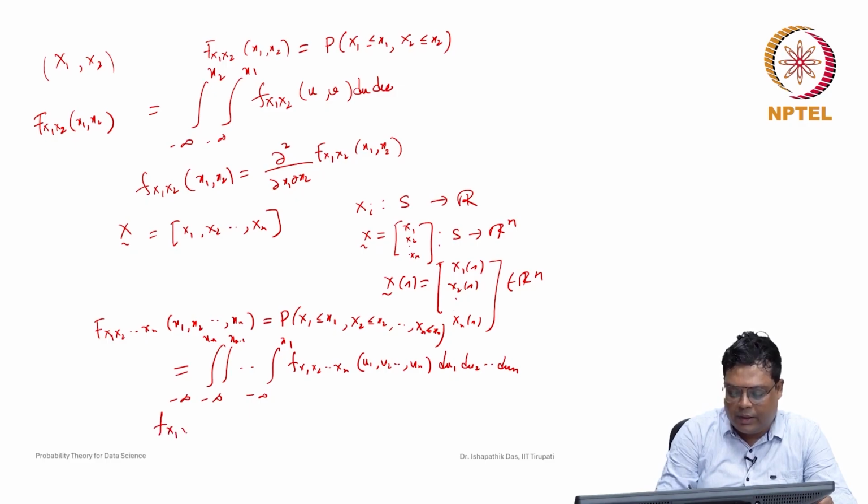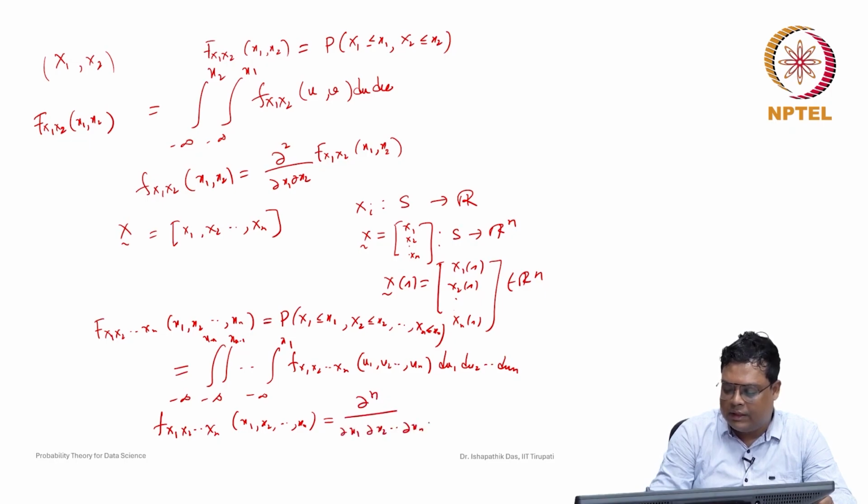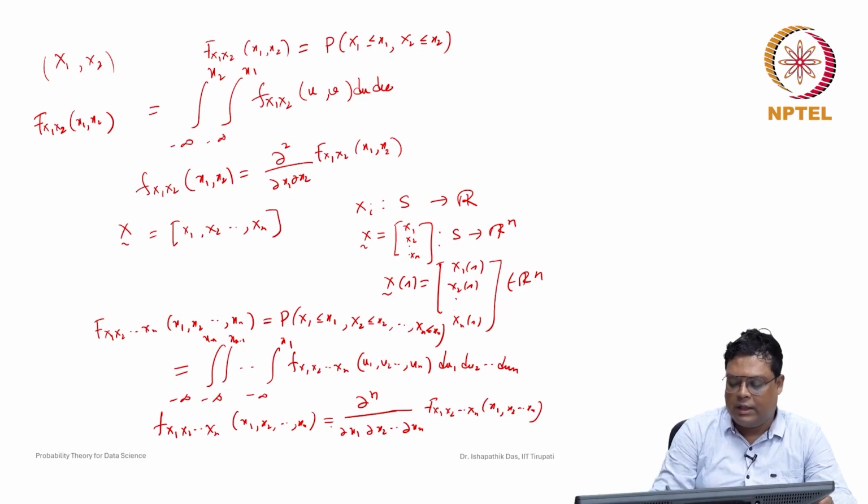This joint probability density function is represented by f of x1, x2, ..., xn, which is equal to the n-th order partial derivative, del n over del x1 del x2 ... del xn, of F of x1, x2, ..., xn, assuming this derivative exists.